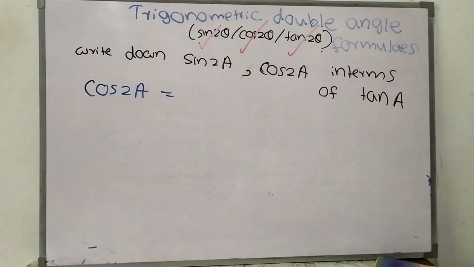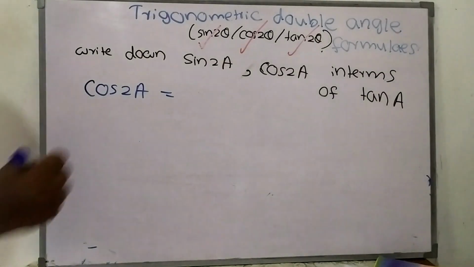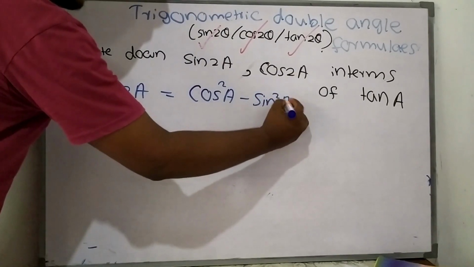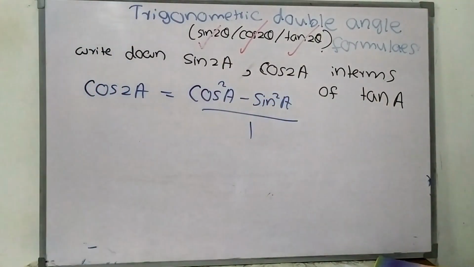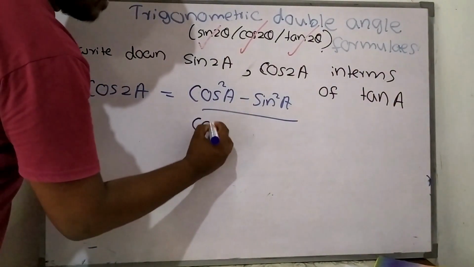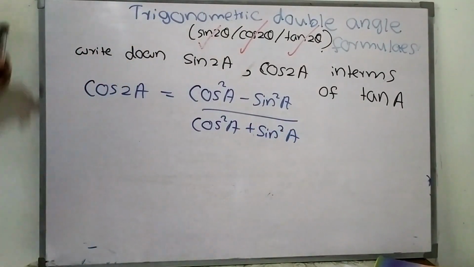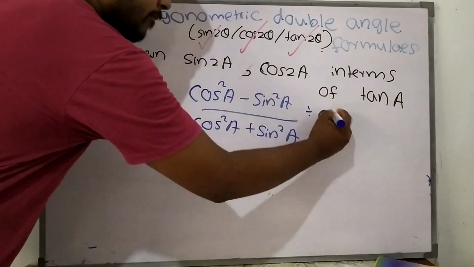What is cos 2A? So cos 2A is basically cos squared A minus sin squared A over 1. Alright, so 1 is cos squared A plus sin squared A, and I'm going to divide it again.